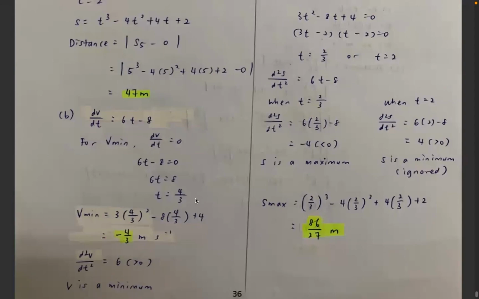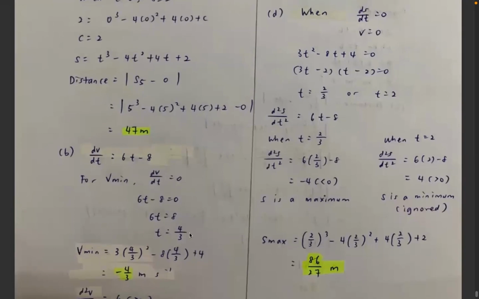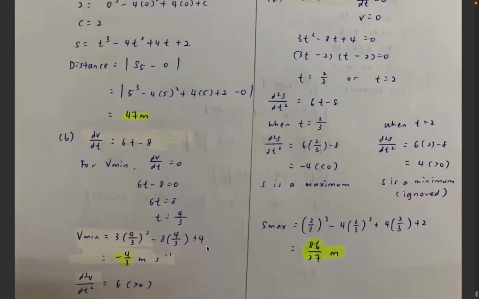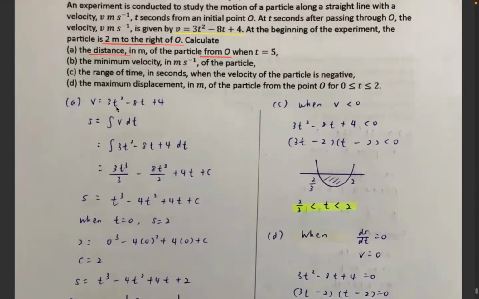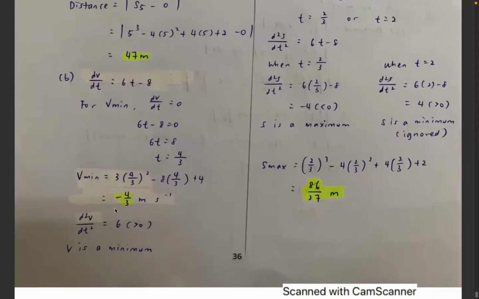That means when t equals 4 over 3, the velocity is minimum. To find the value of minimum velocity, we substitute this value of t into the velocity function. In the end, we have v equals negative 4 over 3 meters per second.